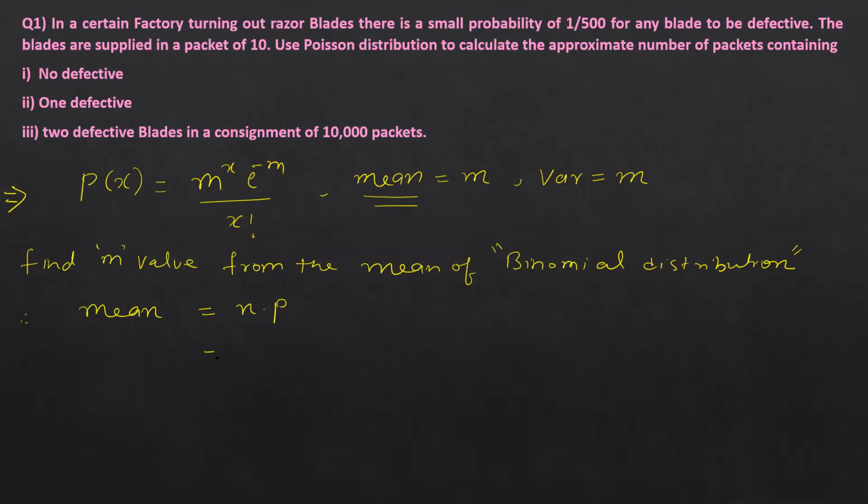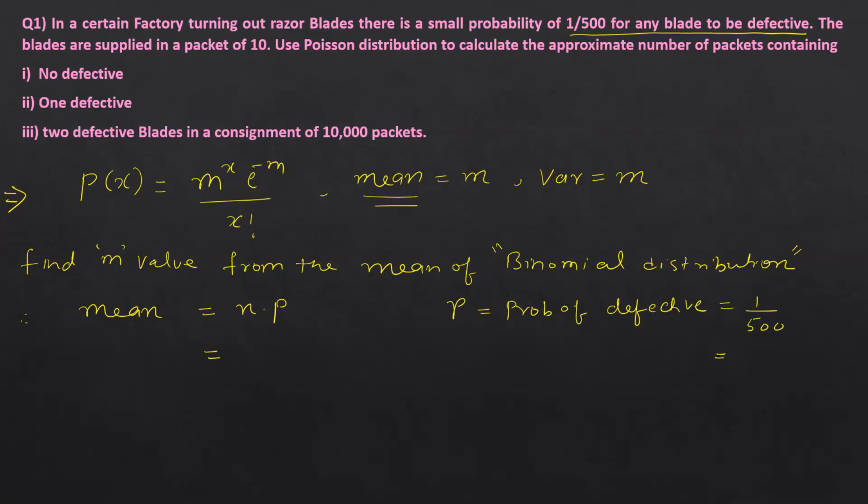So therefore, now what is n and p? Let us define here. In this case, p denotes the probability of defective, 1 by 500, of any blade to be defective. So p is the probability of a defective blade, which is given here as 1 divided by 500.